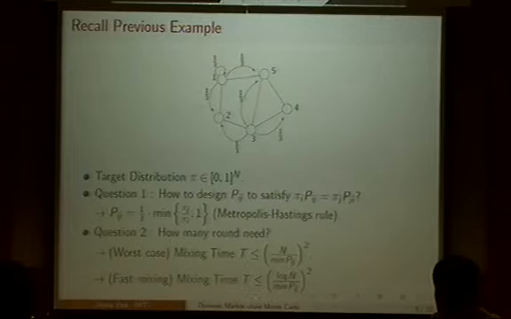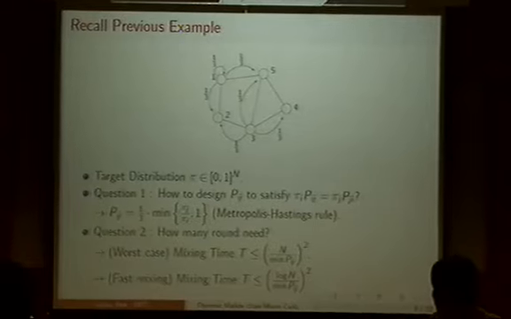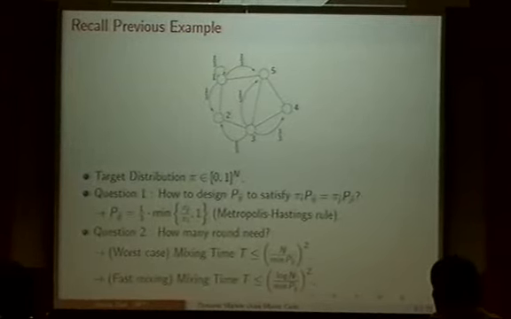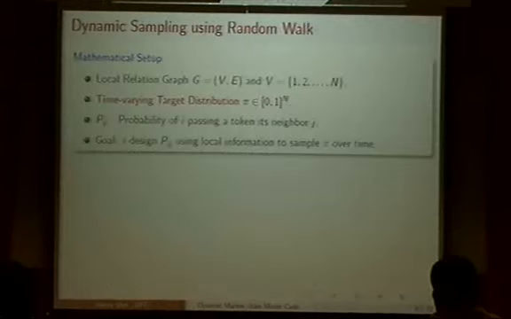I'm not going to explain why these quantities are there, but here it is. So far, I described a random walk sampling algorithm for sampling the target distribution. Now I generalize the problem further: the dynamic sampling problem.